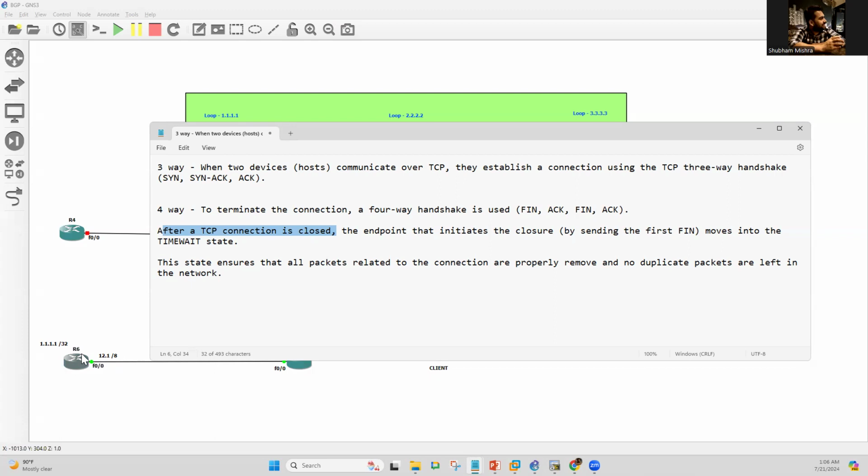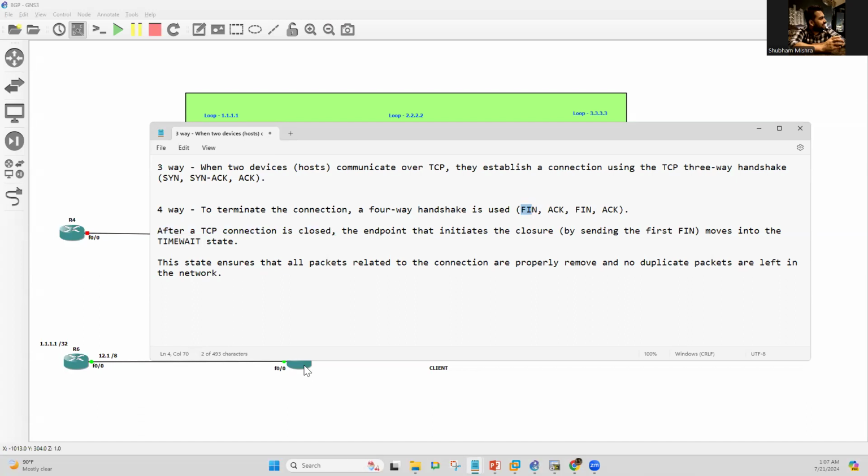What will R1 do? R1 initiates one TCP packet, and in this TCP packet, R1 enables the FIN bit. FIN means finish. R1 wants to finish the TCP session, so that's the reason R1 enables the FIN bit.